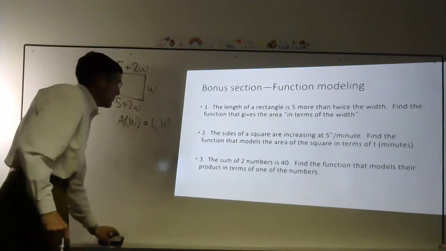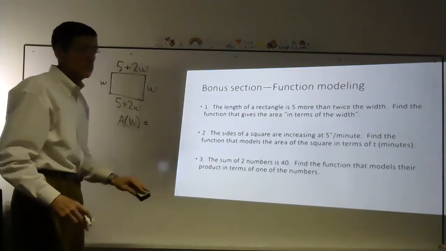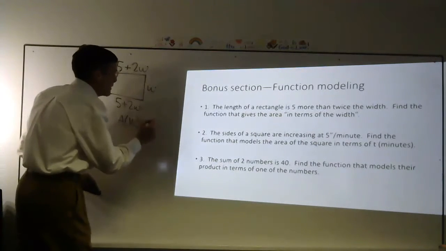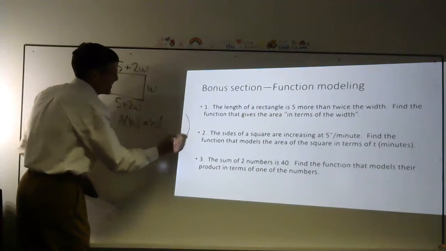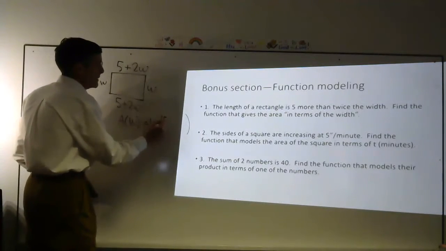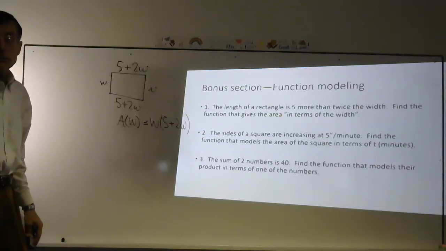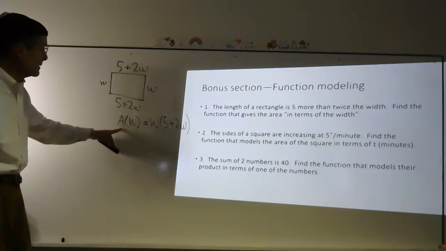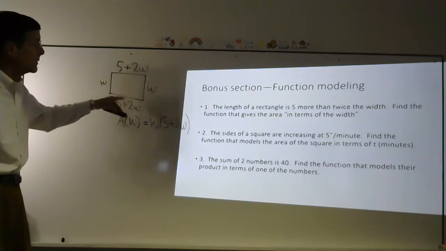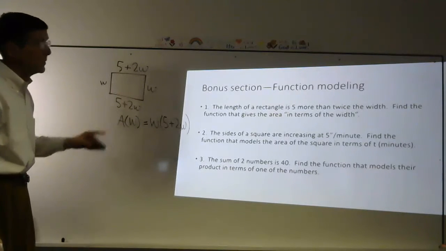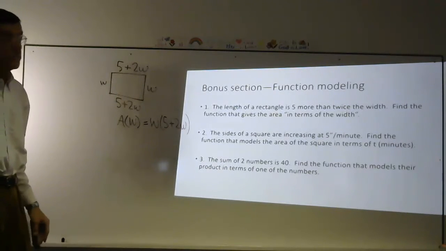So we've got to get the L out of there. All right, so it's the width times the length, and what was the length? 5 plus 2W. And there is your function. You've written the area. You pick any width whatsoever, punch it in there, and you'll get the area of the rectangle.